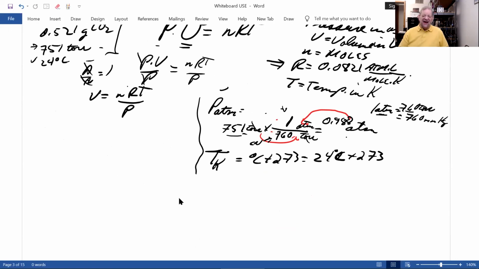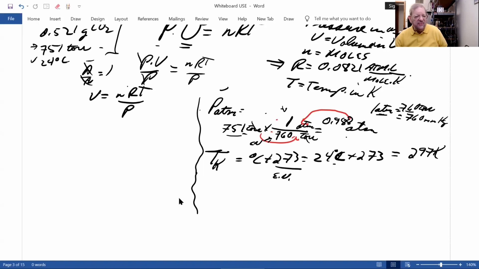Remember, when you're adding, you have the same number of significant figures to the right of the decimal as the number that has the fewest significant figures to the right. But in this equation, 273 is an exact number. It's part of a definition. This has 0. Therefore, my answer will be 297 K.